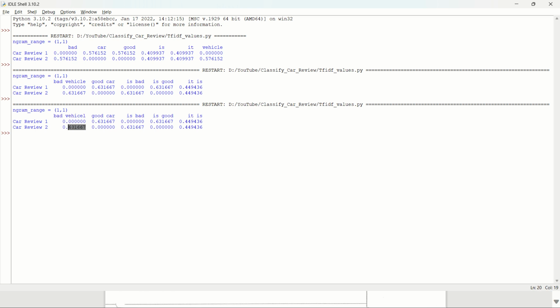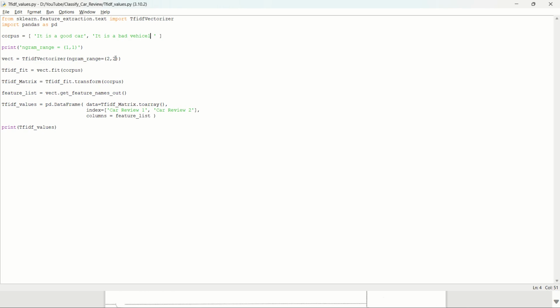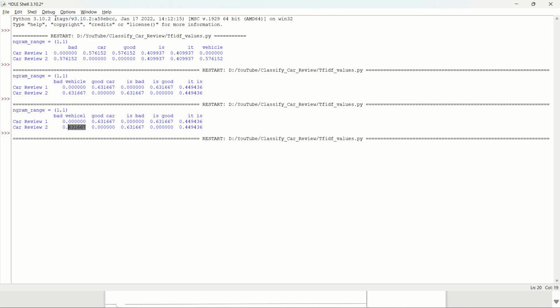So the vectors would actually mean a lot. For example, if I put 1 1, it is unigrams, so the words are not combined in the vector calculation. This word vehicle doesn't make any sense because it's spelled wrongly, and therefore it can lead to wrong results. When we use the bigram concept, we can ignore misspelled words in this way, as it is considered together with bad vehicle.